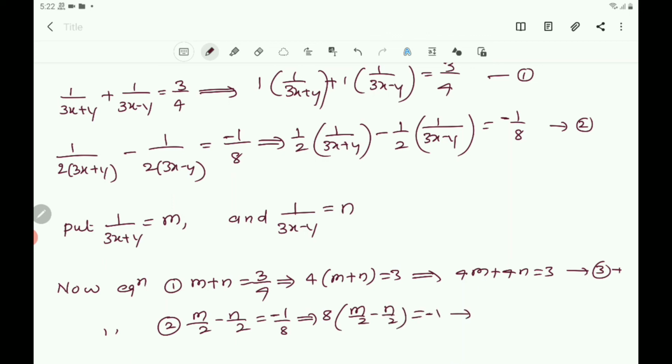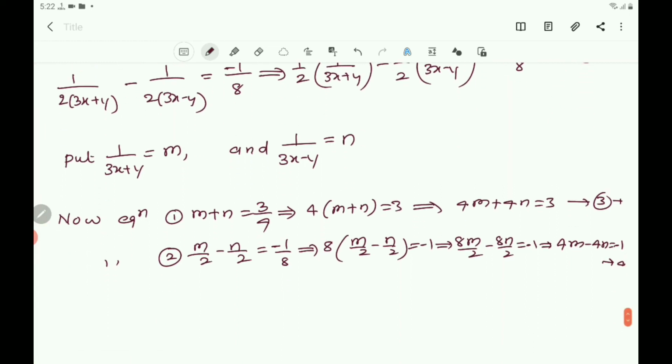That implies 8m by 2 minus 8n by 2 equals minus 1. That implies 2 fours are 8, so 4m minus 4n equals minus 1. Consider this is the fourth equation. So the equations are here.